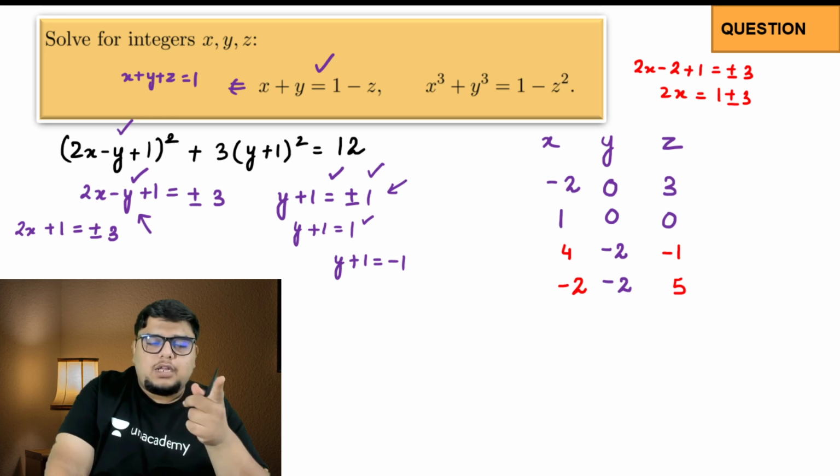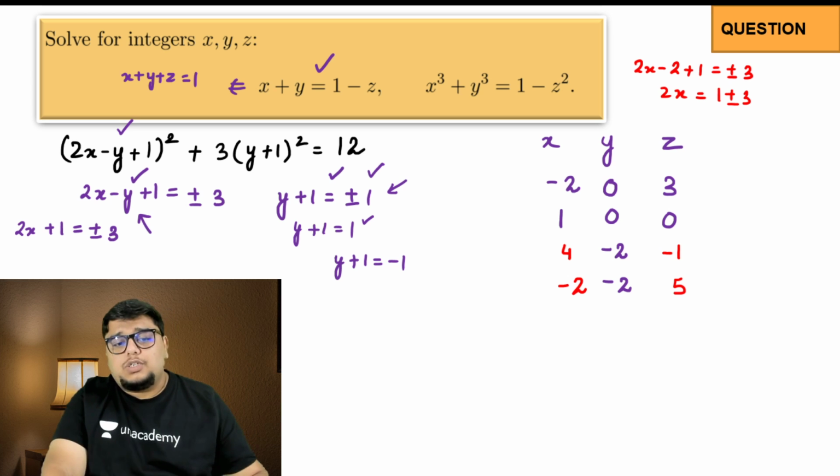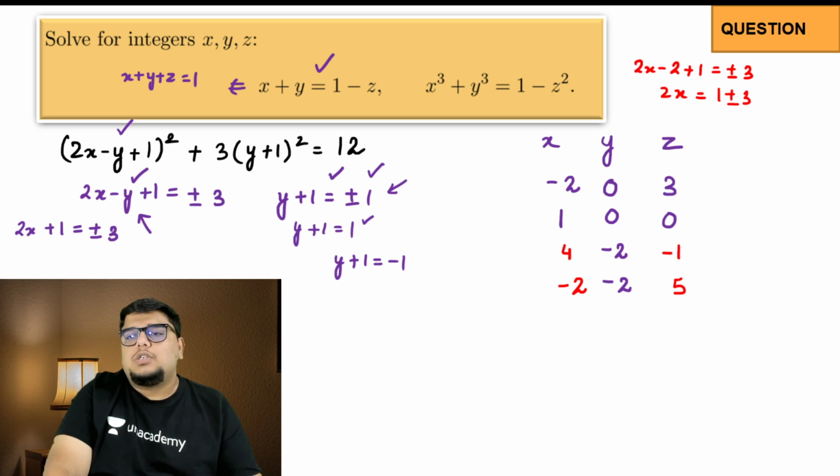If I took minus 2 as the value of y, okay, it is already minus 5. Sorry, yeah, I saw my mistake there. Okay, so this will become basically, yeah.